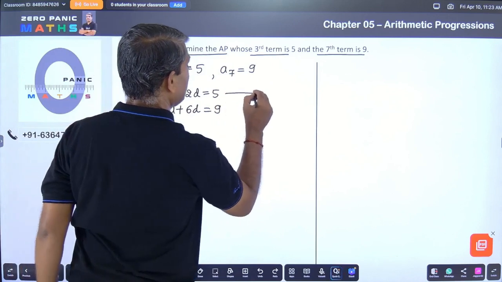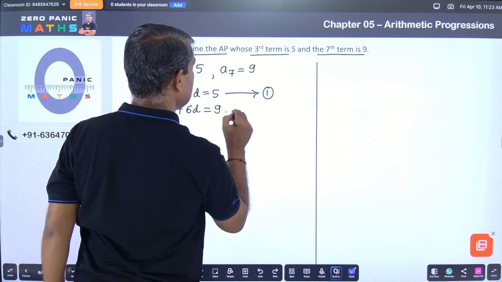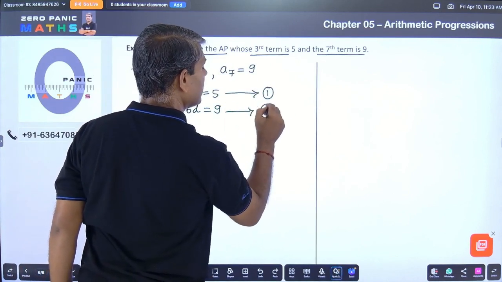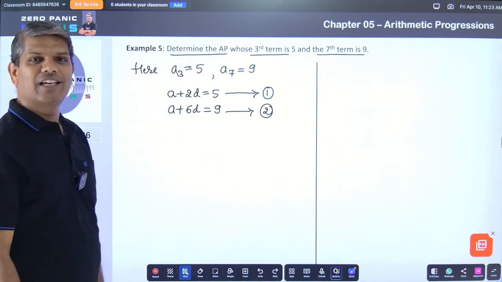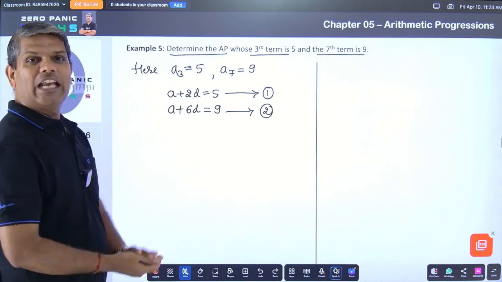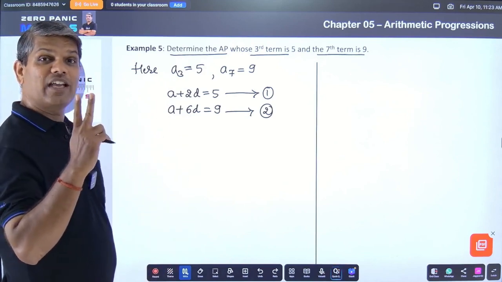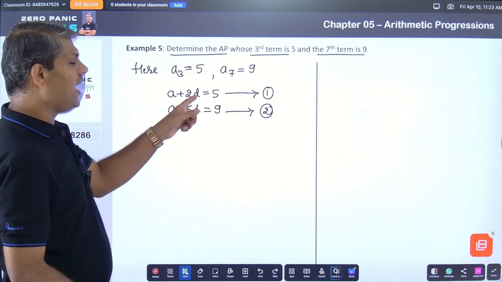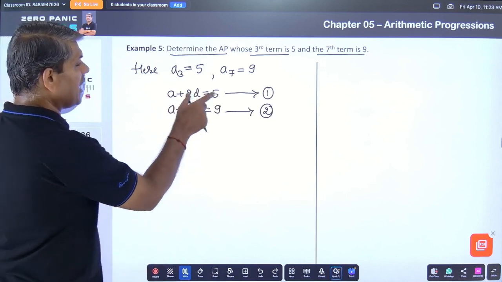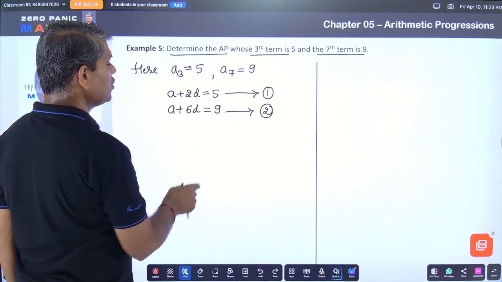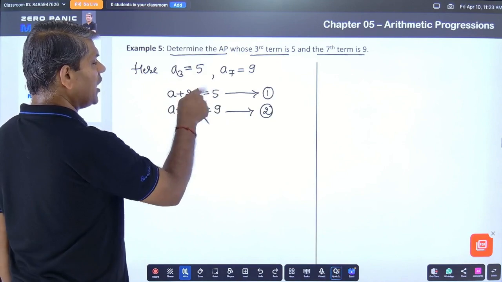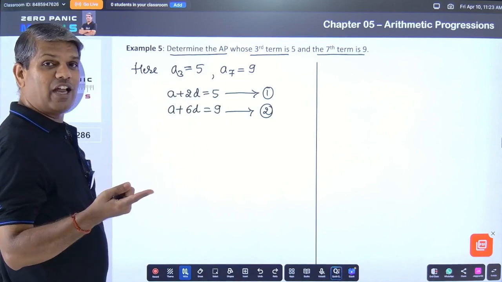Considering this as equation 1 and this as equation 2, what can you do with this? Are you getting something like linear equations with two variables a and d? Can we subtract equation 1 from equation 2 to get any of these values cancelled, and we can get the value of another?